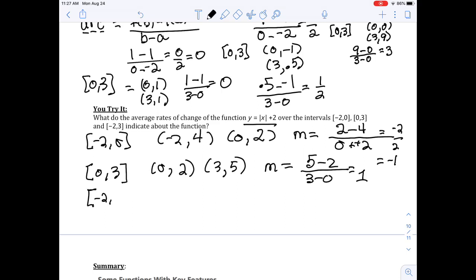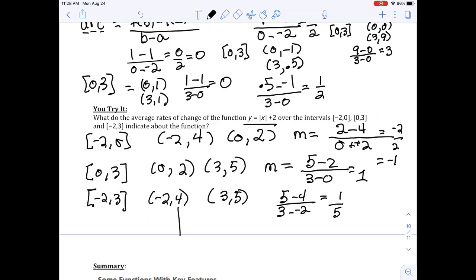And then let's do the final interval from -2 to 3. So now we're looking at the whole. We did the 2 pieces. Now we're looking at it from -2 all the way up to 3. So that would be -2, 4, and that would be 3, 5. And so that's going to be 5 minus 4 over 3 minus a negative 2, which is 1 over 5.